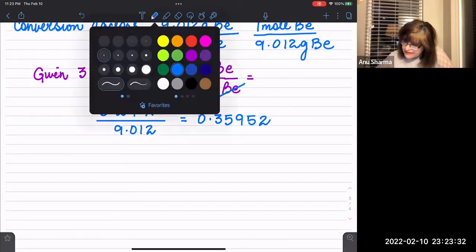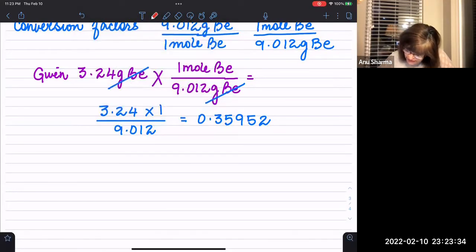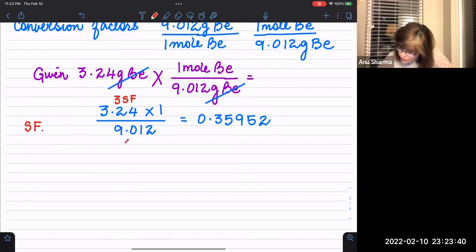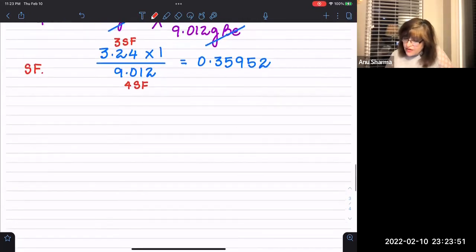Looking at the significant figures, 3.24 has 3 significant figures, 9.012 has 4 significant figures, and the 1 is an exact number, so you can ignore it. So 3.24 times 1 divided by 9.012 gives you 0.359.